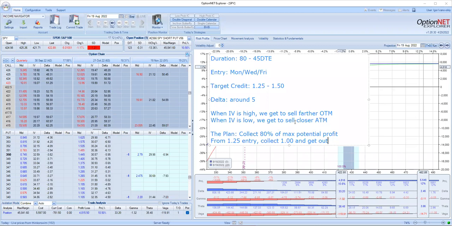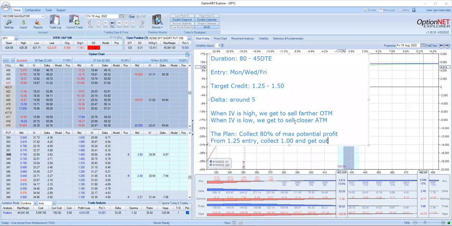So let's say my average days to expiration at entry is about 60. Out of those 60 days, in the first 30 days, I'm able to collect 80% of my max potential profit. The question is, do I want to hold for another 30 days to collect the remaining 20% of max potential profit? To me, I don't think it makes sense.